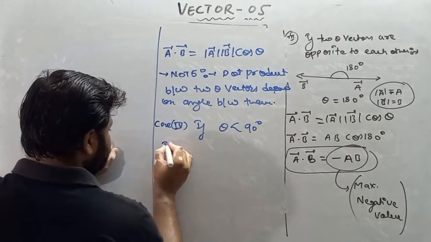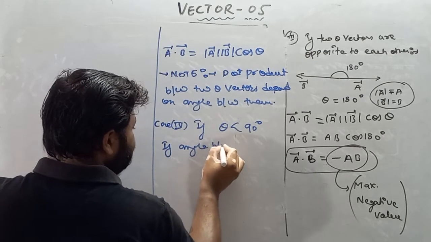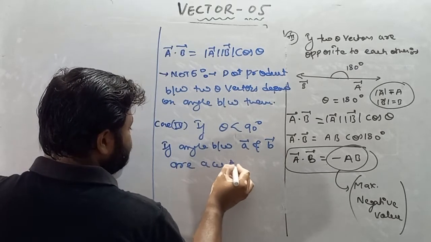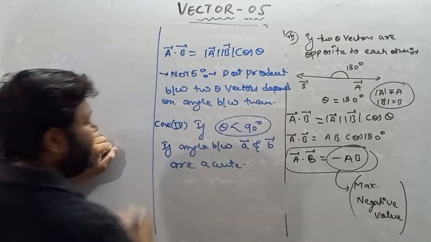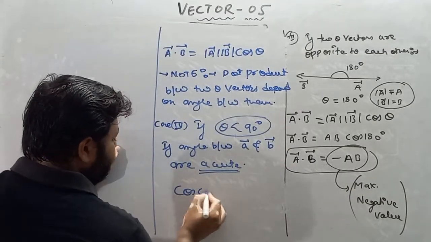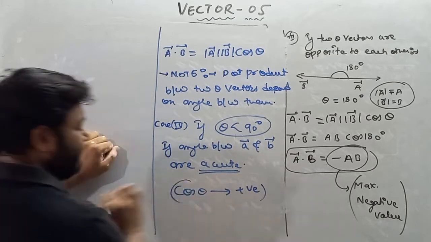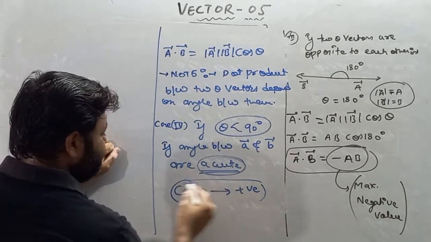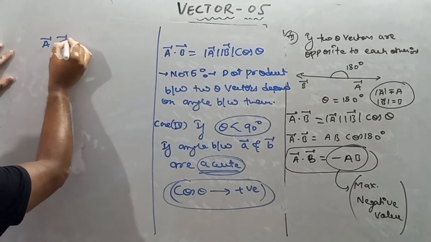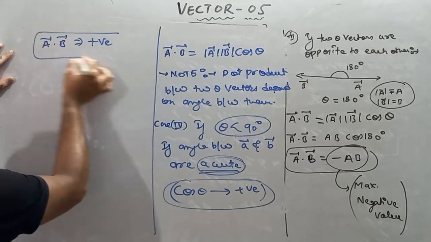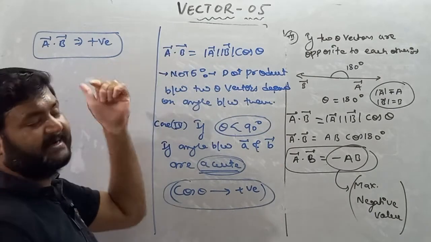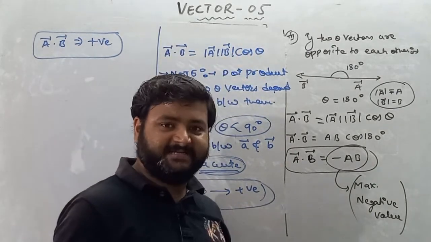So I'll write, if angle between A vector and B vector is acute, and we know that acute means theta is less than 90. If angle is acute, then we know that cos theta becomes positive. So if angle is acute, it implies cos theta is positive, which implies A vector dot B vector also becomes positive, because A vector dot B vector depends on cos theta.